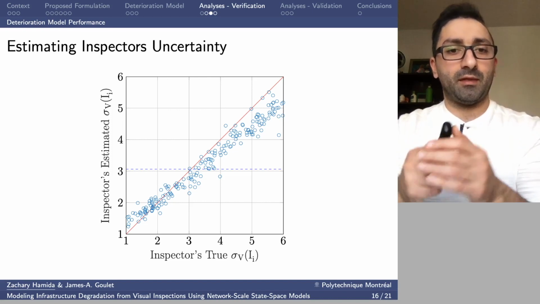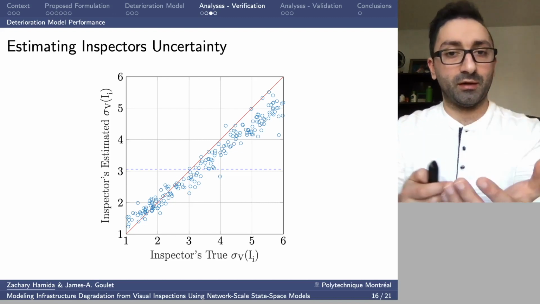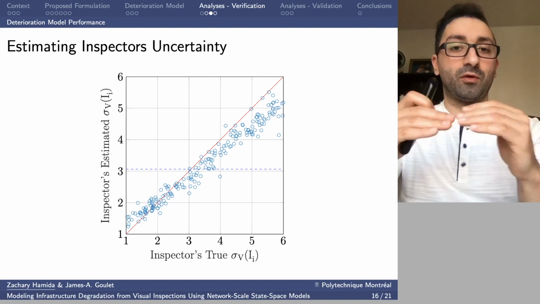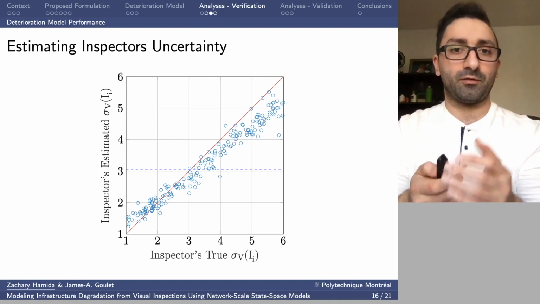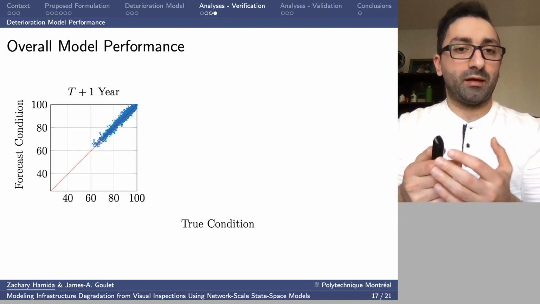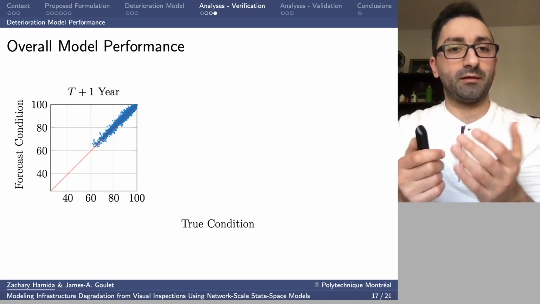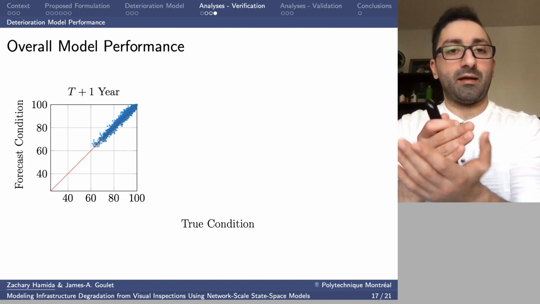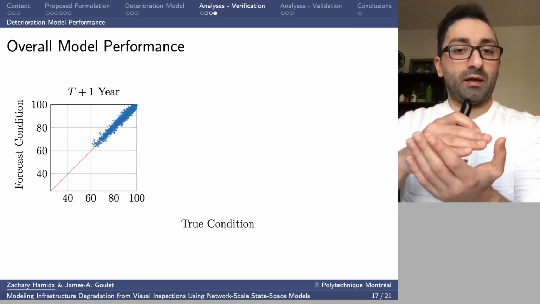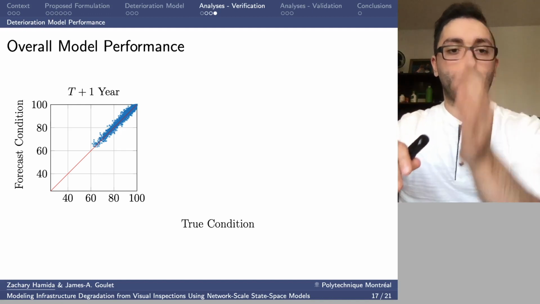Now, the dashed line you see near the value of 3 is the starting point for optimizing, or the initial point for all sigma v's of all inspectors. So this is for the inspectors. Now, if we want to evaluate the model forecast performance one year after the last inspection, we look at the true condition on the x-axis versus the forecasted condition on the y-axis.